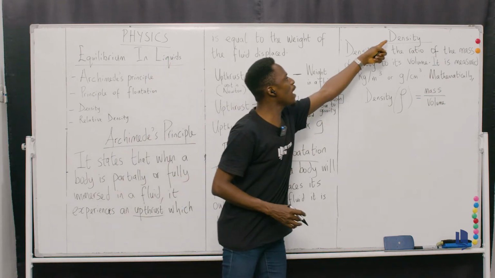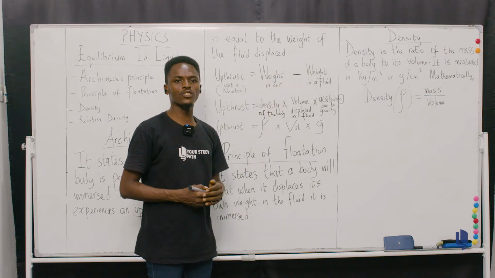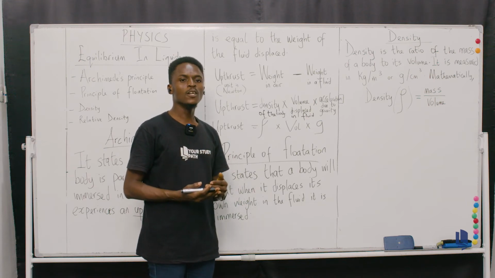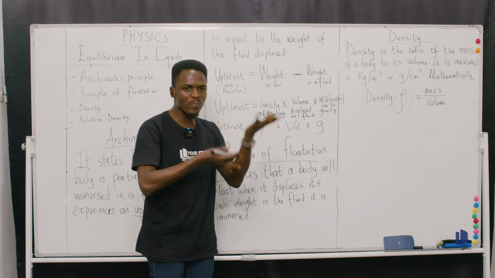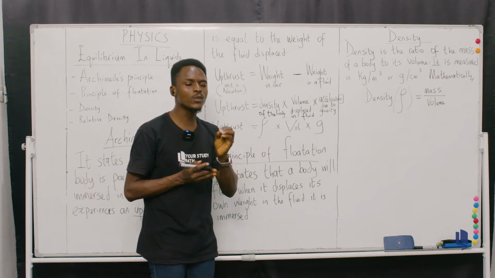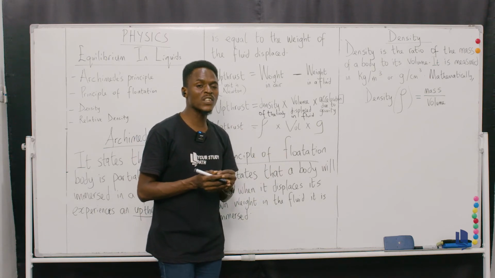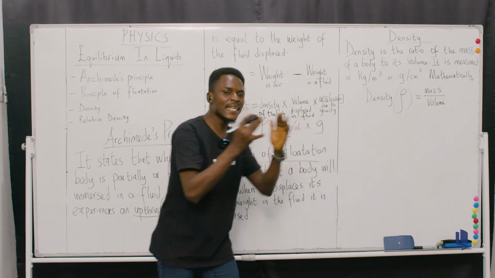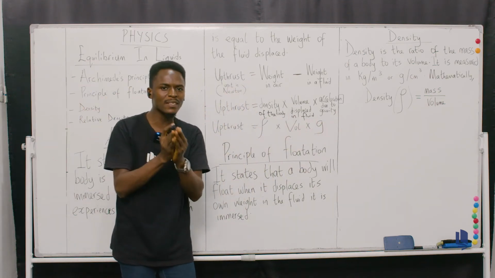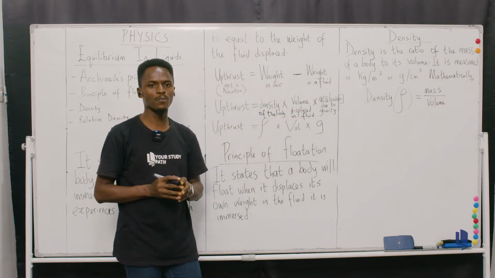Now, density has a relationship. When you are comparing the density of various substances, we have a way for which we can compare them together. That's how we came about another term in physics, which we know as relative density. That is making reference to the density of a substance in relation to the density of an equal volume of water, with water as a reference point.